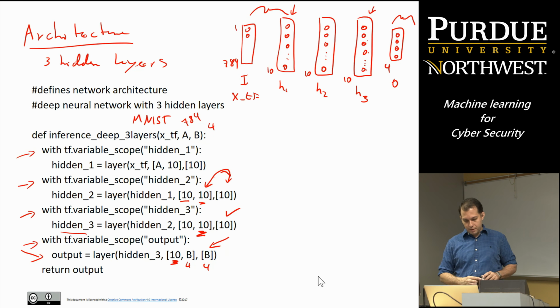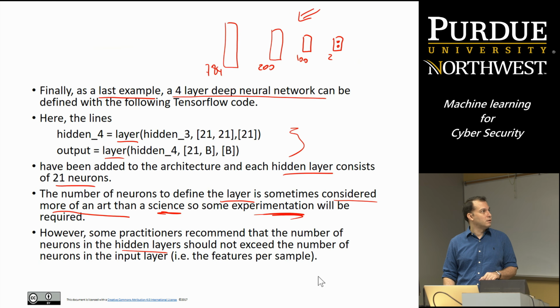All right. So this is the architecture. We're done. I mean, we are literally done. There's no more code to give, I think. So in the last example, a 4-layer deep neural network can be defined with the following TensorFlow code, and those are the lines there. So this architecture is 21 neurons.